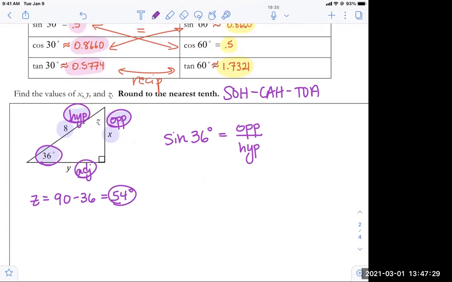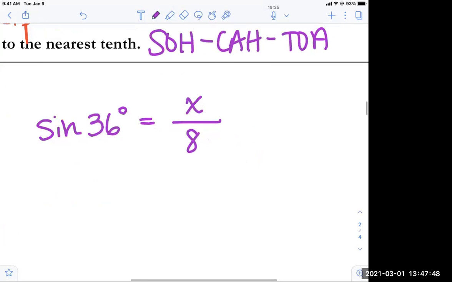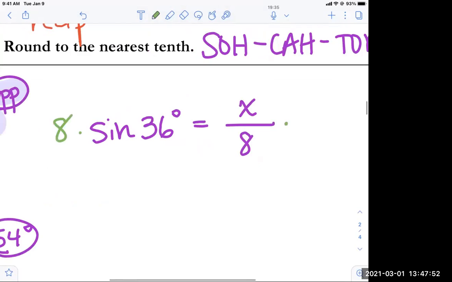Now, the opposite value is x. The hypotenuse value is 8. You have to train your brain to see sine of 36 as a number. I know when you first look at it, you're seeing the letters and it seems weird, but that's a number, it's a ratio. So if I wanted to solve for x, I'm going to multiply both sides by 8 because I want to get rid of that 8.